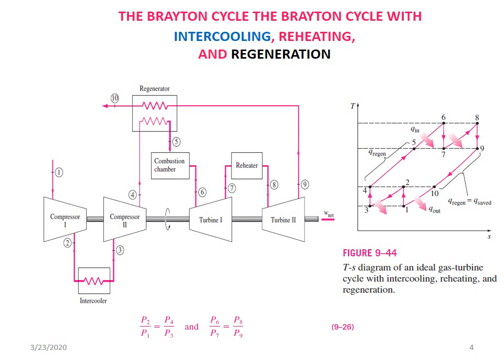Here I will add one more thing. If the number of compression and expansion stages increases, the ideal gas cycle with intercooling, reheating and regeneration approaches the Ericsson cycle. This cycle is also called the Ericsson cycle, and the thermal efficiency approaches the theoretical limit, that is the Carnot efficiency.